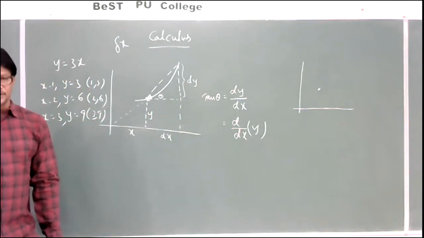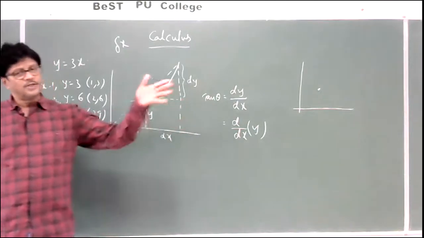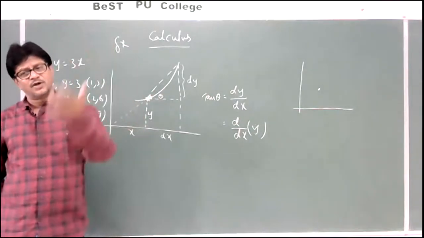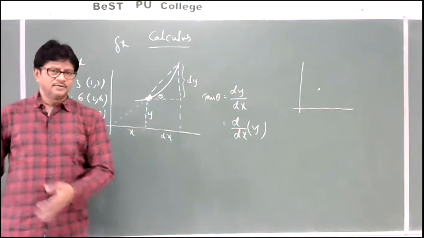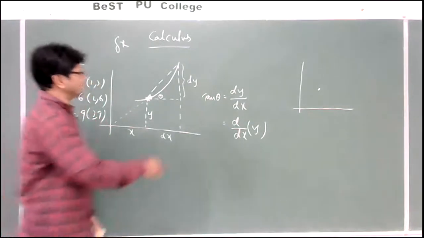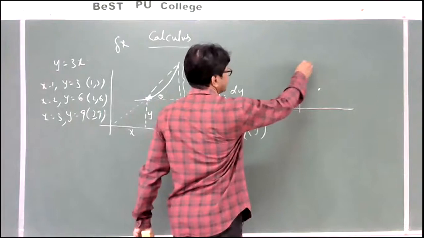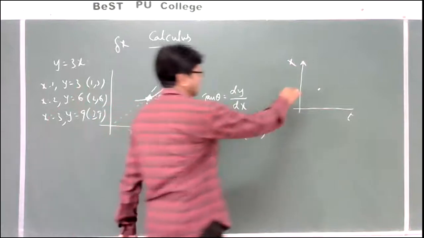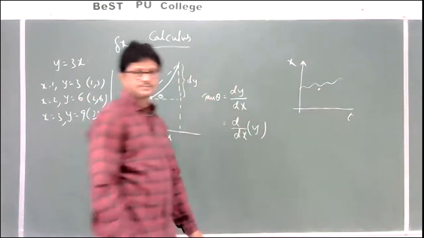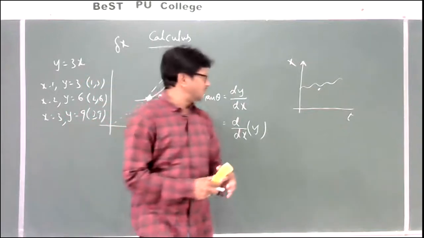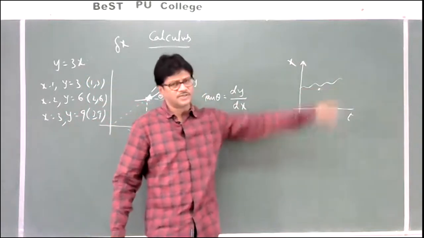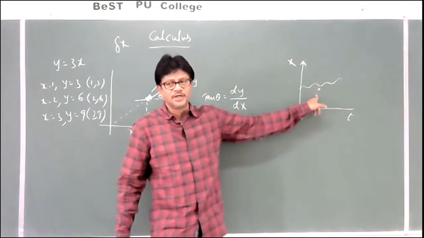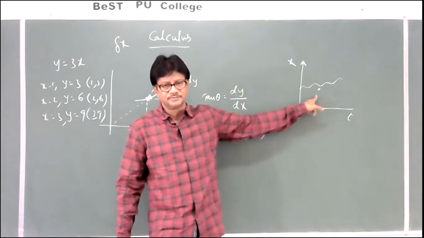For example, if a body is moving with a non-uniform velocity or non-uniform acceleration, and if I plot a displacement time graph like this, there are small curvatures. So definitely this graph says that a body is moving with a non-uniform velocity.